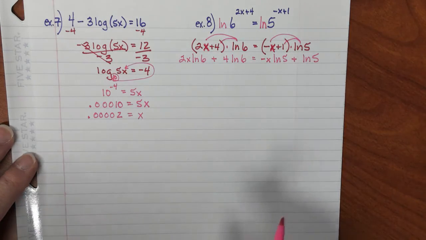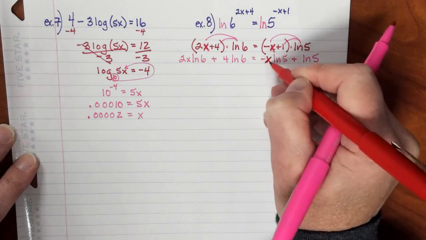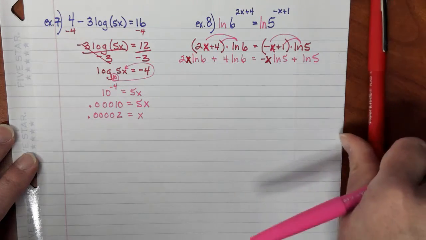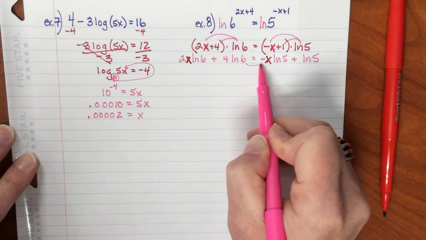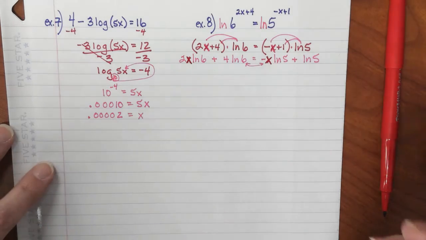Now I'm going to maneuver so that this x term and this x term are on the same side of the equation so that I can factor them out. So basically I'm going to swap these two pieces right there. Okay?